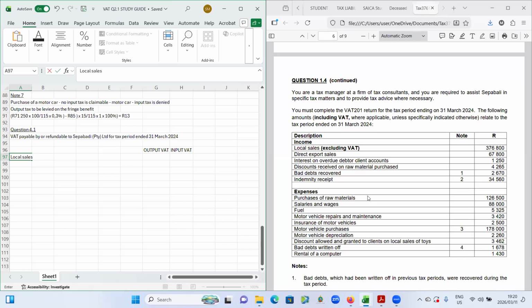The advantage of being registered is if you purchase goods and services from other vendors who are registered, they will obviously charge you VAT, and you can claim that VAT that you were charged from SARS.